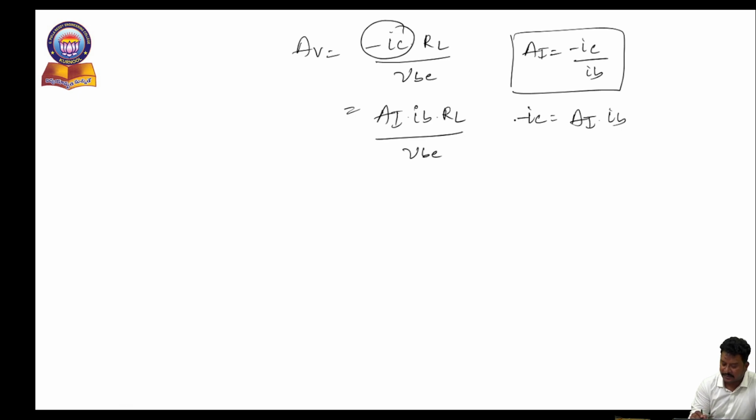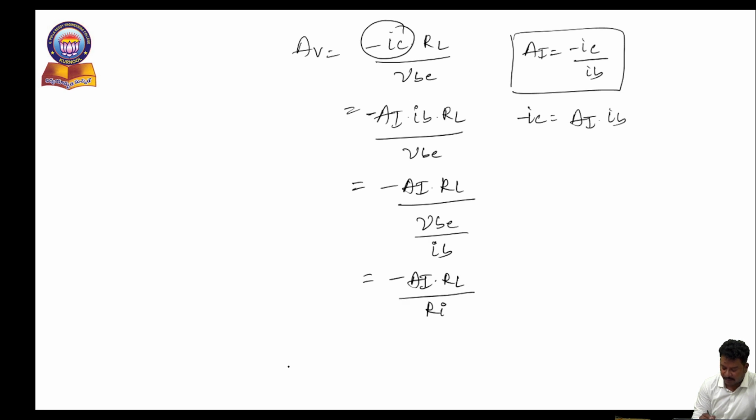We can send the minus sign here, so it becomes minus AI into IB into RL by VBE. This I can write as AI into RL by VBE by IB, which is nothing but minus AI into RL by R input.